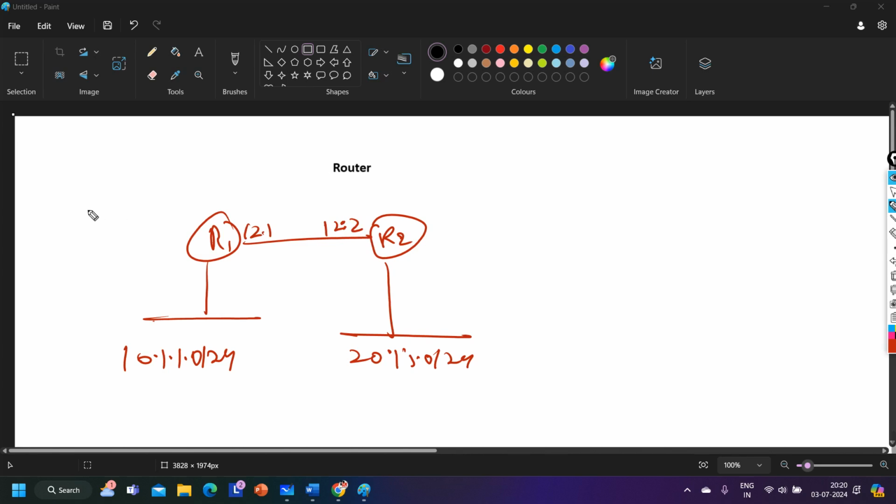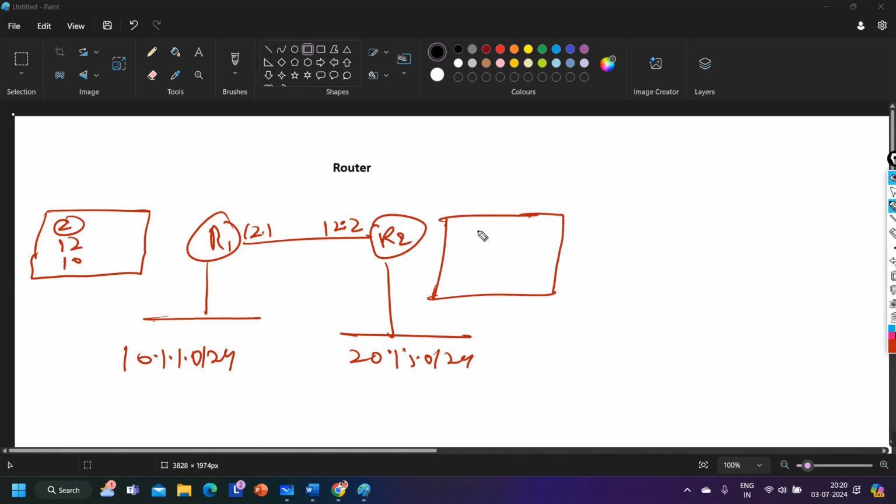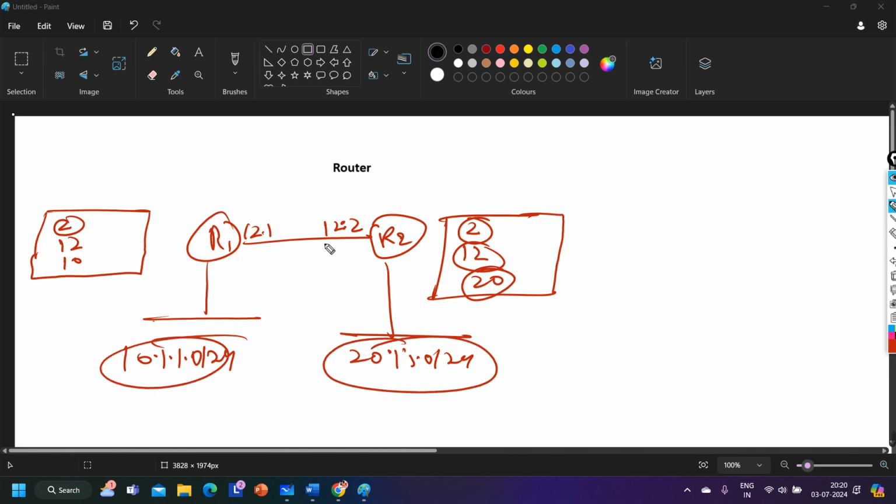So guys, in the routing table of router 1, how many networks will be there by default? Two only, right? One is 12 and one is 10, correct? In the routing table of router 2, how many networks will be there? Again, two only, 12 and 20. So can the 10 network communicate with the 20 network?